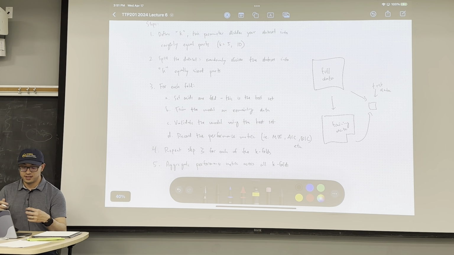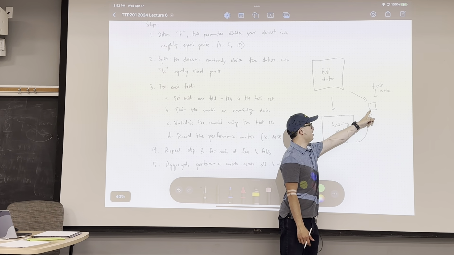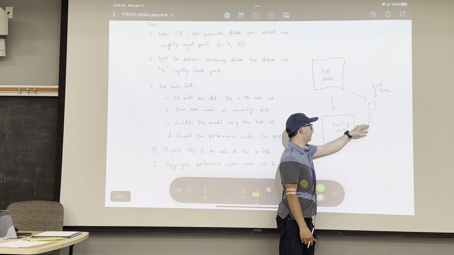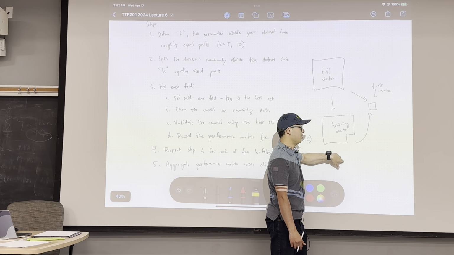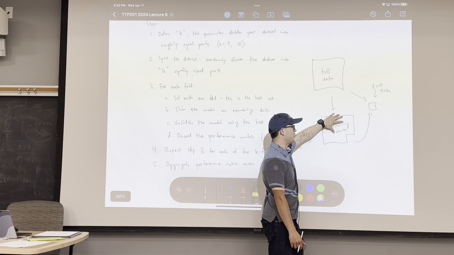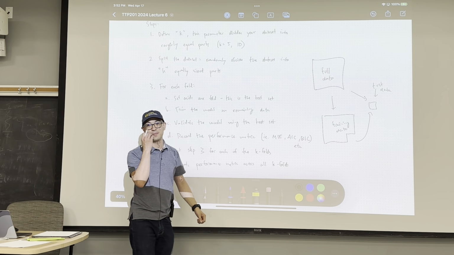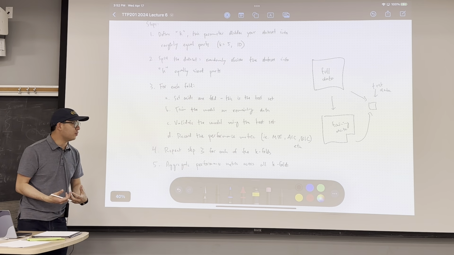And you would run the model on this, then calculate the out of sample mean squared error on this, put it back, take out a different chunk, run the model, run the out of sample mean squared error, put that chunk back, take out a different chunk, run the model on the training data, calculate the out of sample mean squared error, right? So this is known as k-fold.